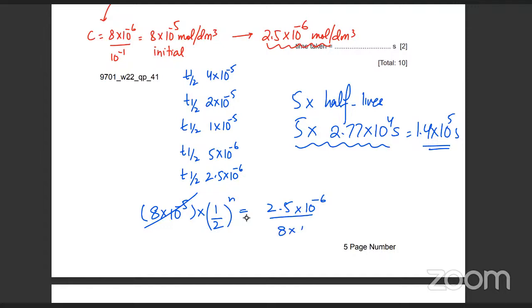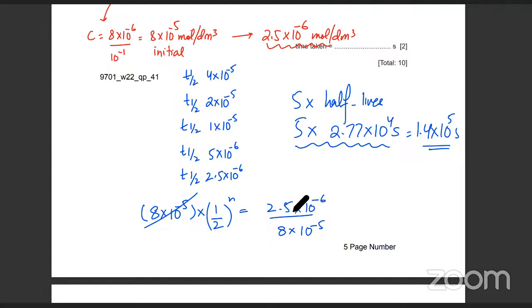So you take this to the other side. 8 times 10 to the power minus 5. What do you get on this right side? 0.03125. If you take 1 over it, is it 1 over 32?